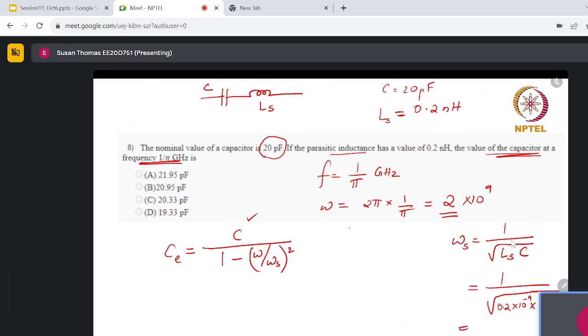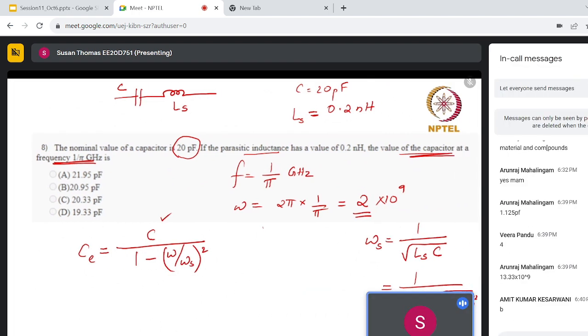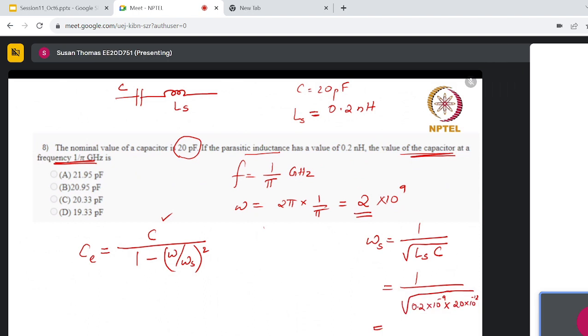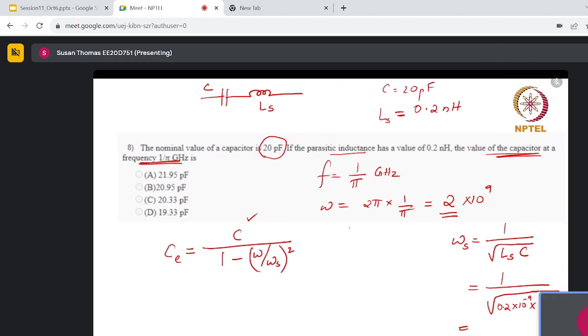Any answers for omega s? Please do calculate, and if you could type in the value you get for omega s.